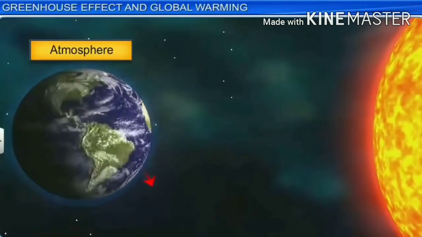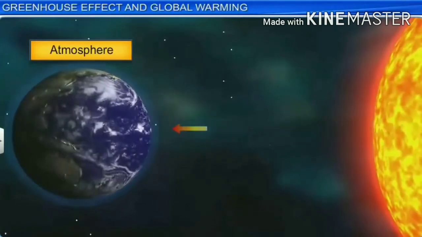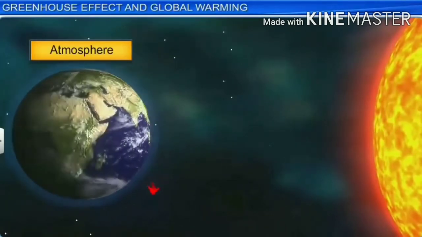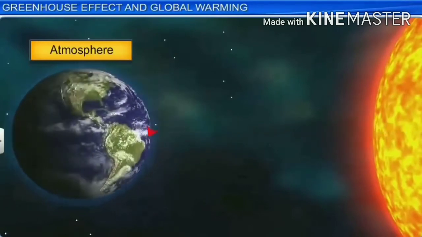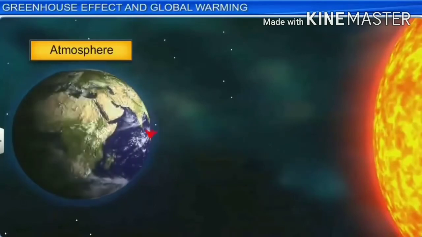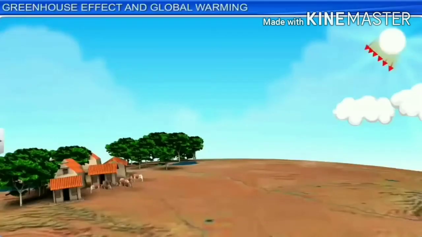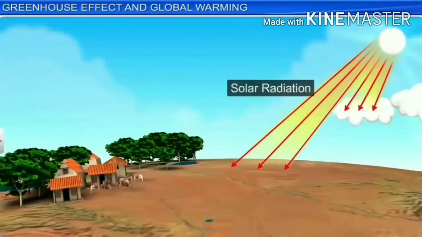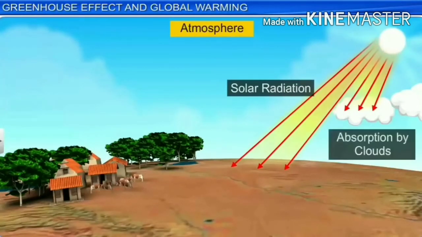To understand the greenhouse effect, let us see what happens to sunlight when it reaches the Earth's atmosphere. When solar radiation enters the atmosphere, it gets absorbed by clouds and gases.